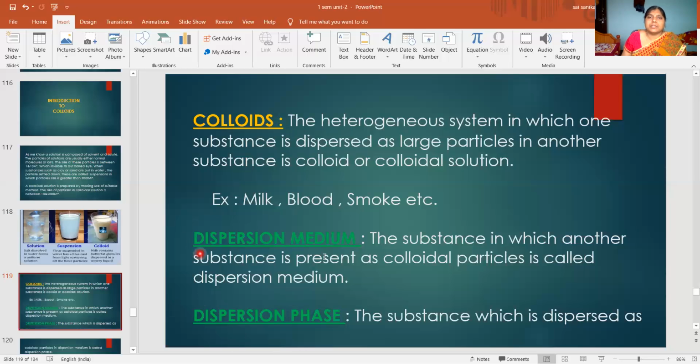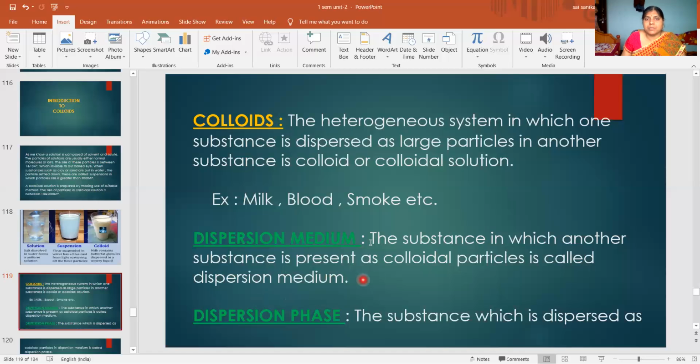So what is the dispersion medium and what is the dispersion phase? The substance in which another substance is present as colloidal particles is called the dispersion medium. In this substance, some other substance is present. That substance is called the dispersion medium.